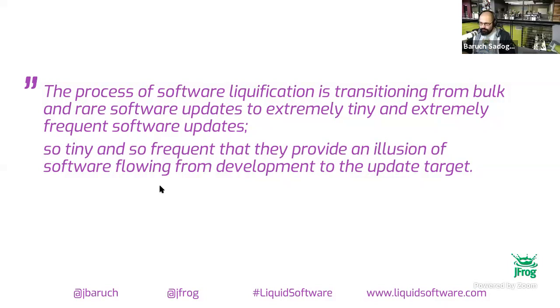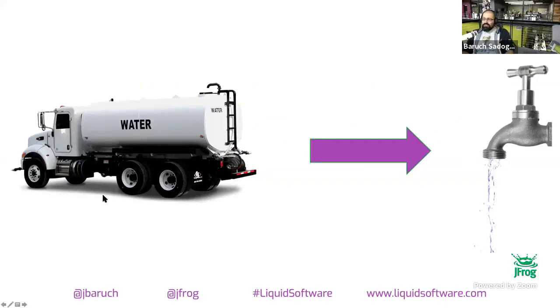So tiny and so frequent that they provide an illusion of software flowing from the development to the update target. So we are going from having packages being delivered on trucks or ships, or whatever analogy we're using now for delivering software, containers on a container ship, all the Docker story, to actually having such tiny and frequent updates that they almost look like a flow of water from your faucet.